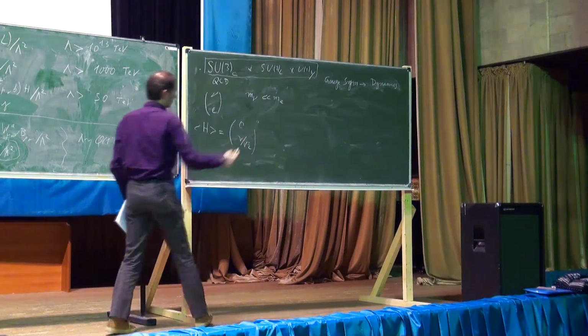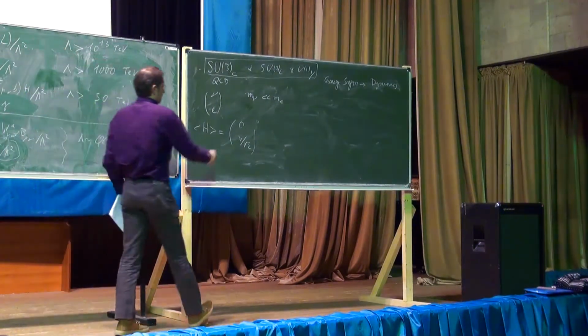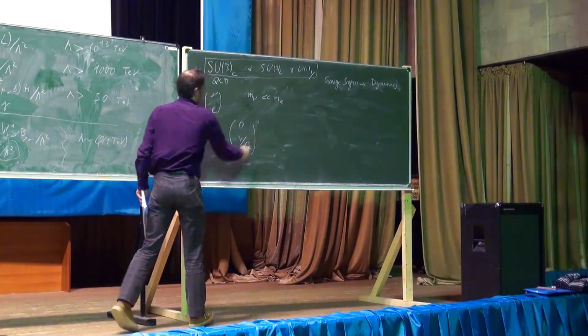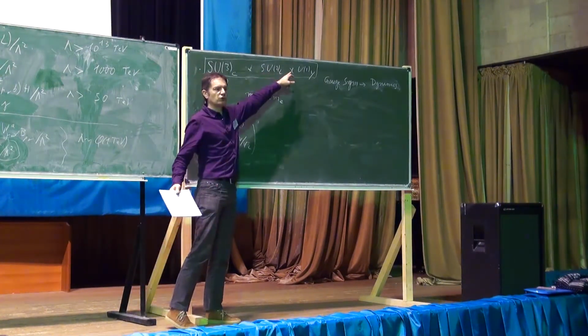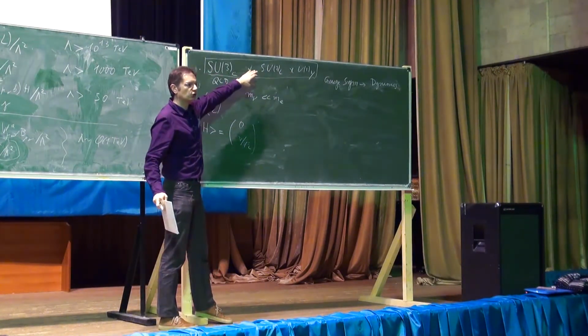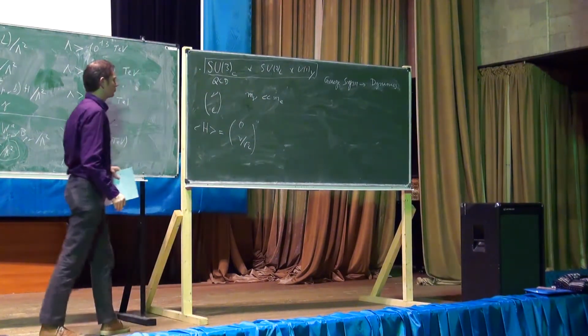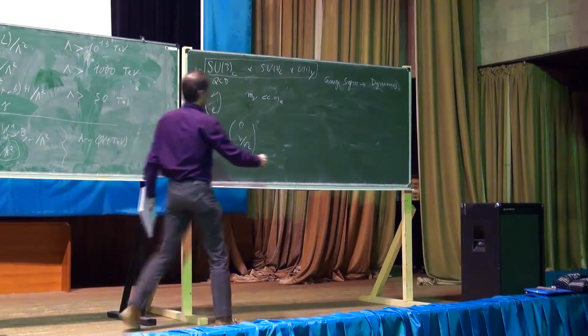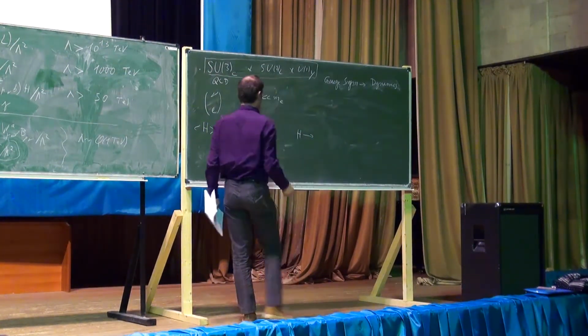The normalization is arbitrary, of course. And this vacuum expectation value is not invariant under SU(2) times U(1). It's only invariant under a subgroup of this symmetry. And if you look exactly at how the Higgs transforms, it transforms as a doublet, right? So H transforms as a doublet with hypercharge.